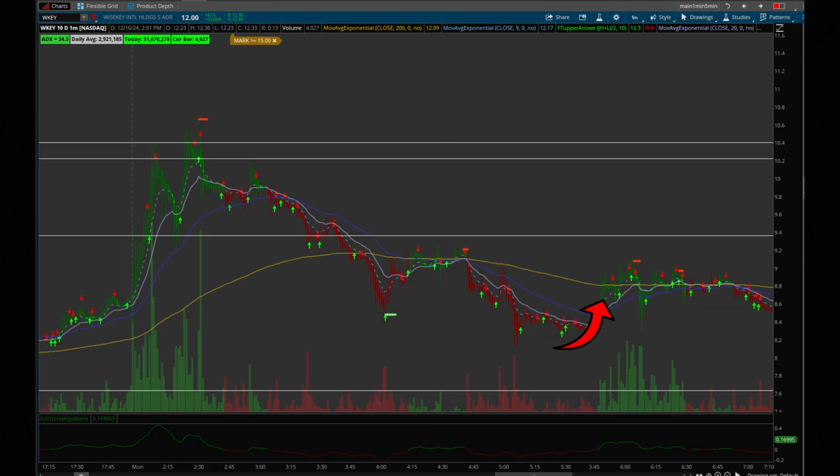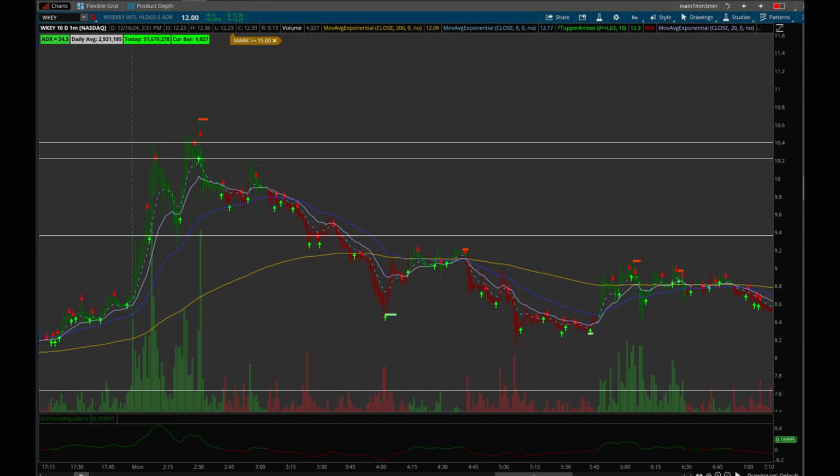Between 6 a.m. and 7 a.m., I noticed that the 200 EMA had flattened out at $8.80. This was a critical signal for me because when the EMA flattens out like this, it often becomes a magnet for price action. I told my Discord members to be looking for an entry above the 200 EMA if WKEY reclaimed this level with strong buyer volume.